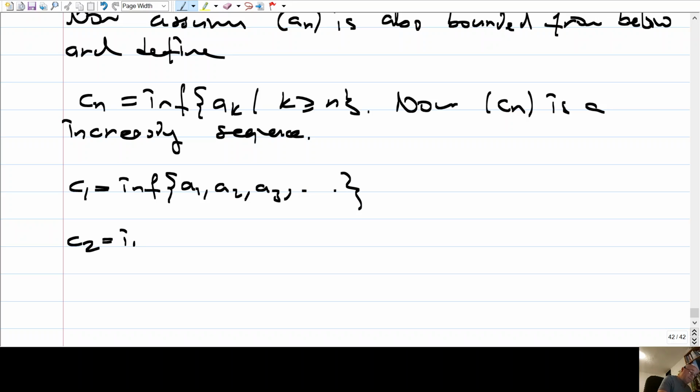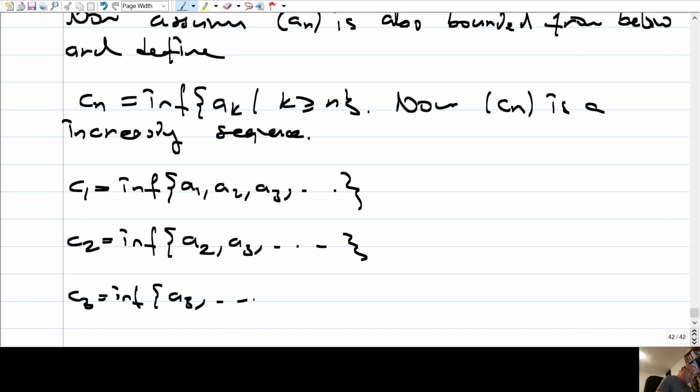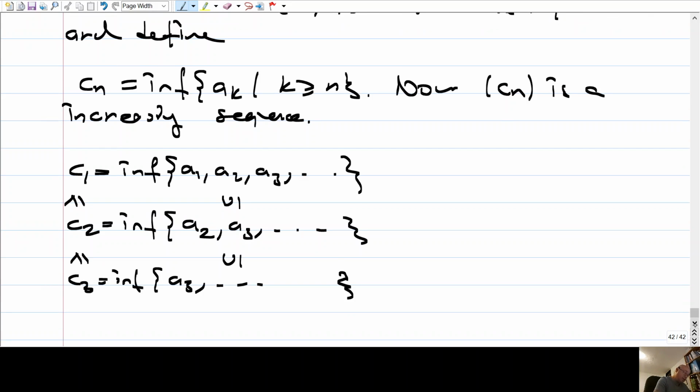C2 is the infimum of A2, A3, and so on. And C3 is the infimum of A3 and on. Again, these are nested, but this time you take the infimum. Of course, the infimum of a smaller set will be bigger, probably. So this is an increasing sequence.